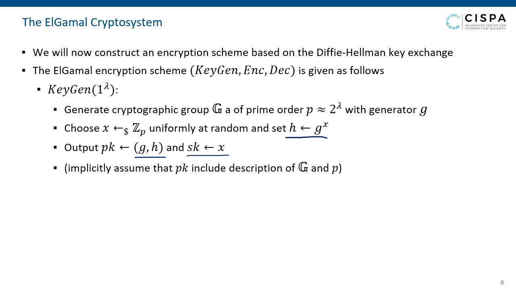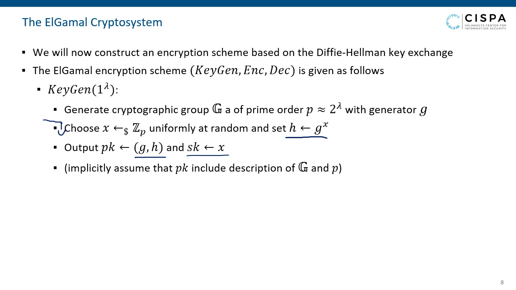Now we will implicitly assume that the public key includes the description of the group G and the group order p. Often in practice, people use a fixed group. So their key generation doesn't generate a new group every time you run the KeyGen algorithm, but just runs everything from here downwards.